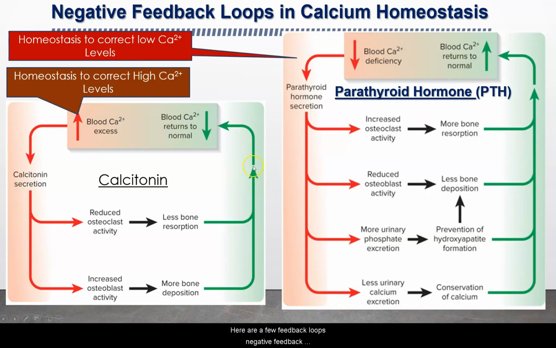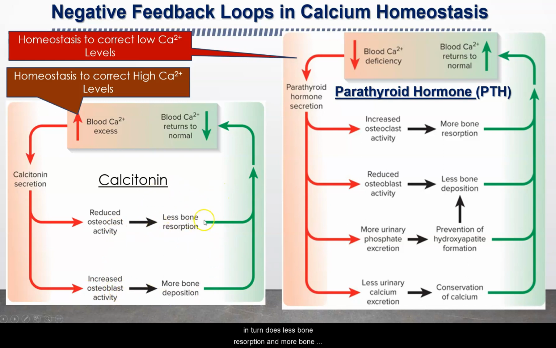So here are a few negative feedback loops. This is the one on the right that happens when you want to correct low calcium blood levels, and this is the one if you want to correct high calcium blood levels. If you have high calcium blood levels, calcitonin gets secreted, which reduces osteoclast activity and increases osteoblast activity.